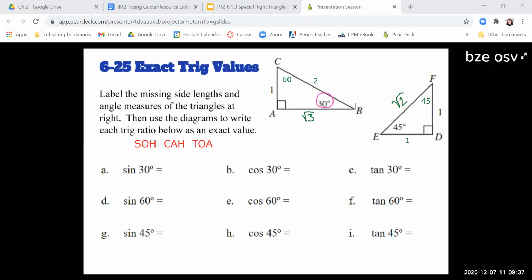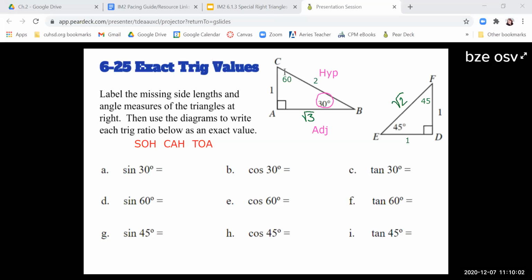Remember, in any right triangle, the longest side opposite the right angle is always the hypotenuse. And the other side that forms the angle we are focusing on, that forms 30 degrees, would be the adjacent side.